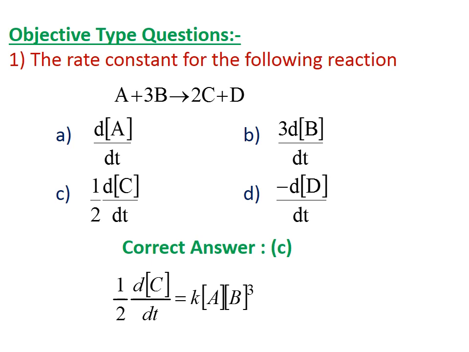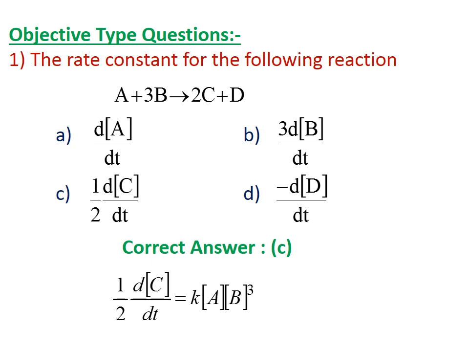Now we are going to discuss the important objective questions in this chapter. Question number 1. The rate constant for the reaction A plus 3B gives 2C plus D. Here the first one is in terms of reactant, there is no minus, so it is wrong. In the second case, the minus is missing, so answer B is also wrong.